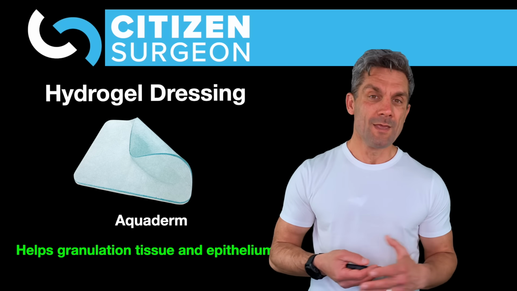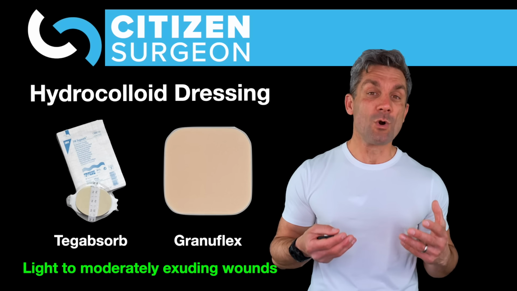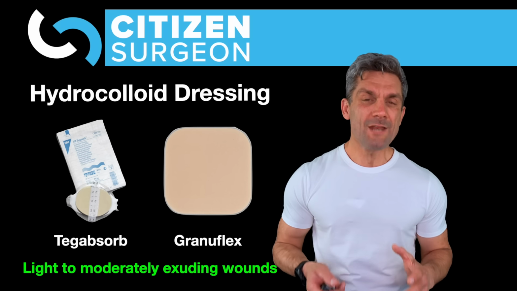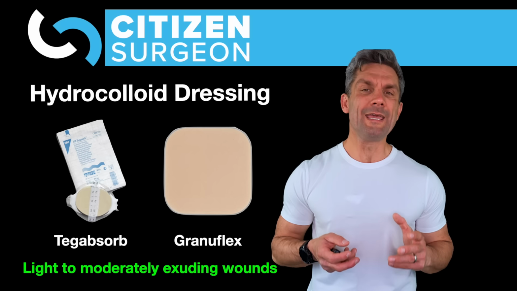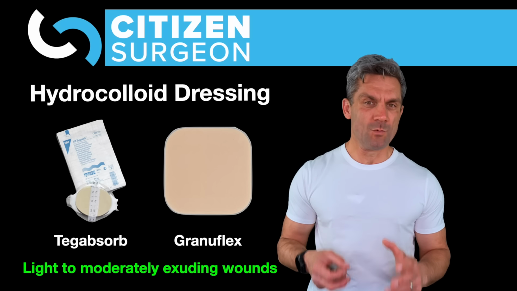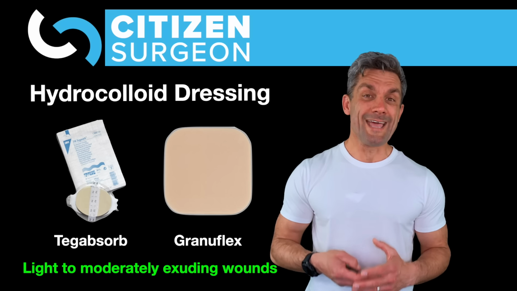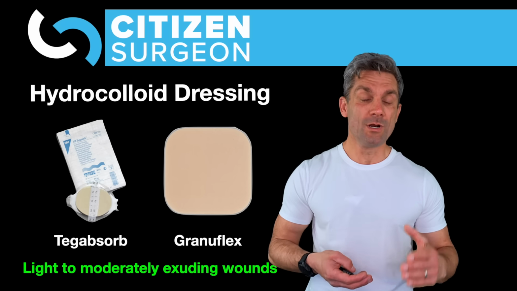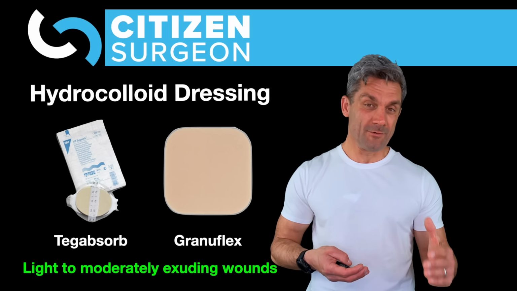Okay, so let's get into hydrocolloid dressings. The hydrocolloid dressings are really popular dressings for low and moderate exudative wounds, okay? So these dressings have two layers. They have an outer water impermeable layer for protection.